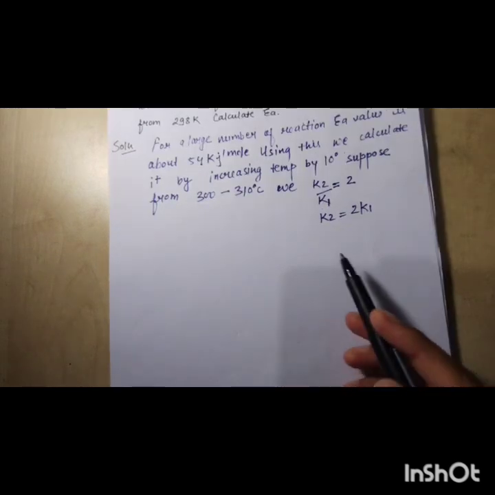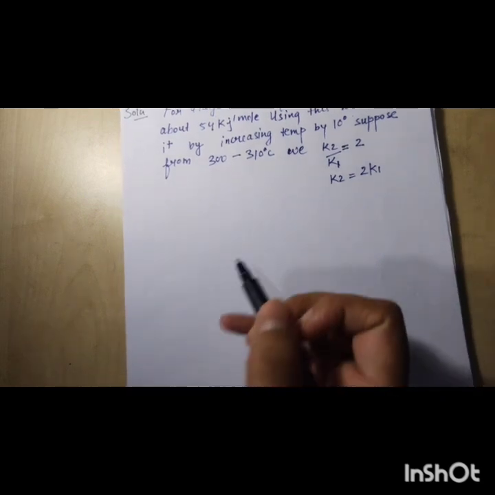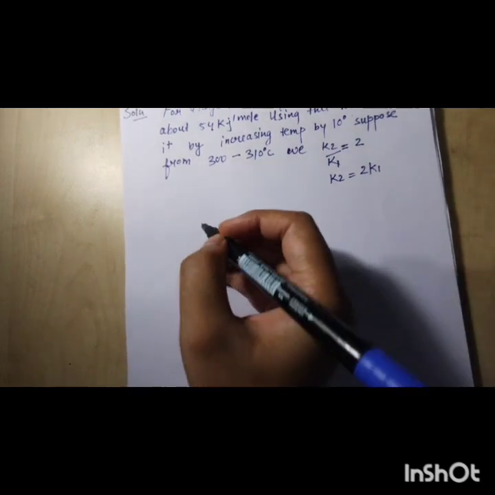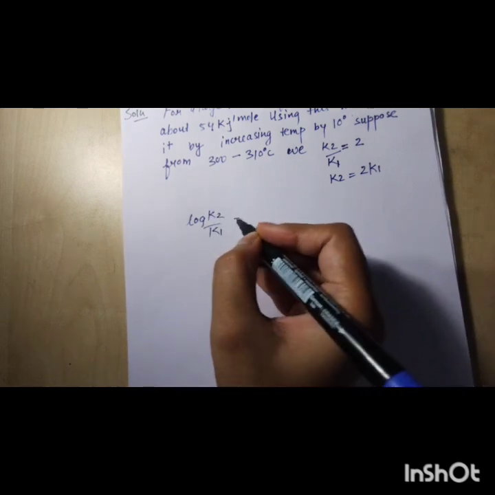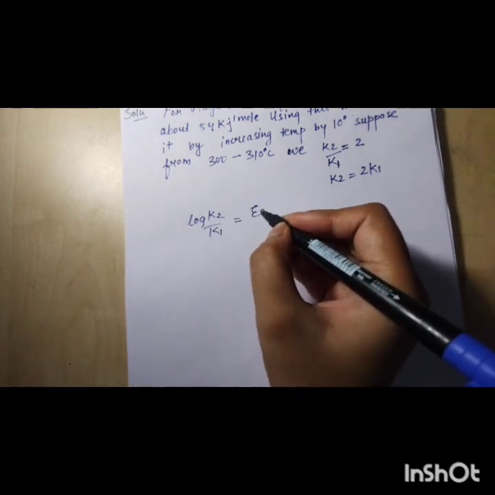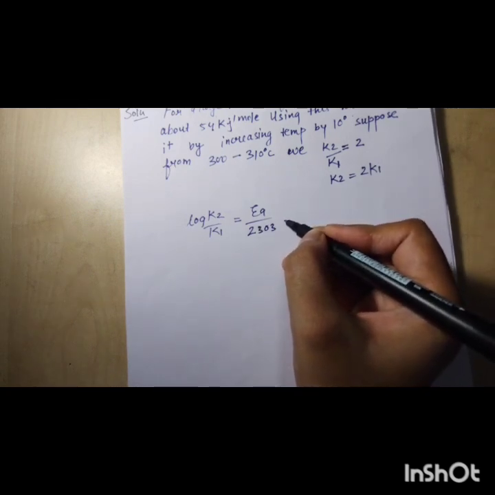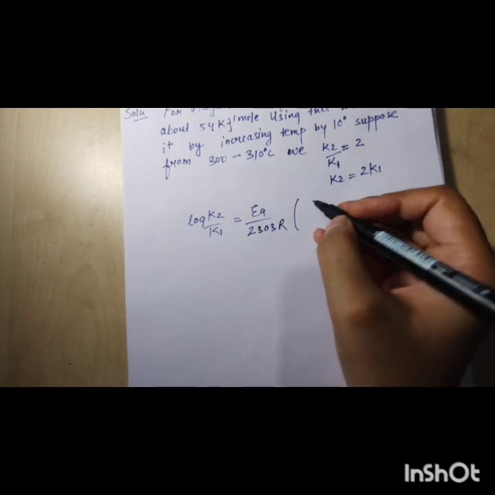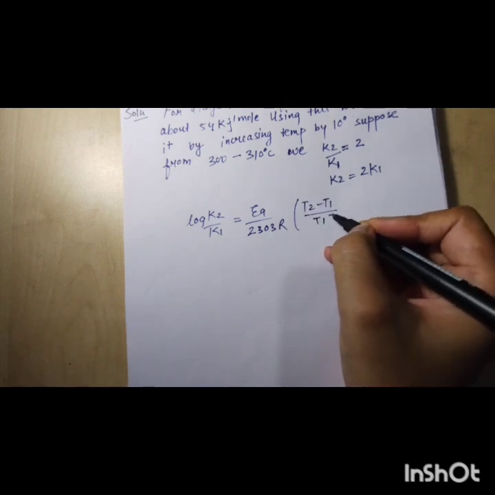So we will solve it by equation taking the integrated form of the Arrhenius equation, where log K2 by K1 is equal to EA by 2.303 R into T2 minus T1 by T1 T2.